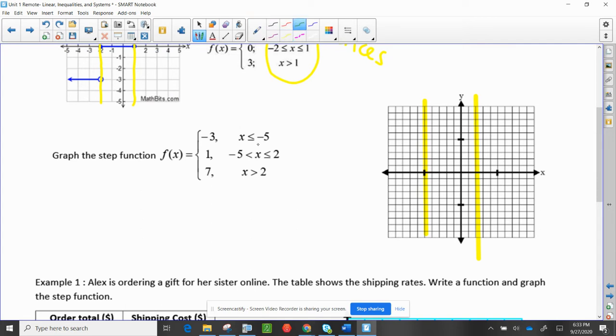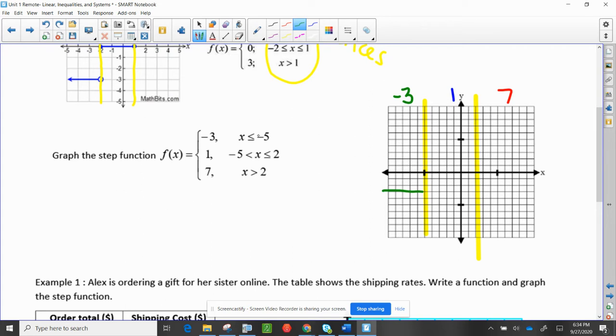So when x is less than or equal to -5, we'd have -3. When we're in between -5 and 2, we have the value 1. And anytime we have an x value greater than 2, we have the value 7. So we're going to have 3 straight lines here at those values. So -3 means that this line would go here at -3.